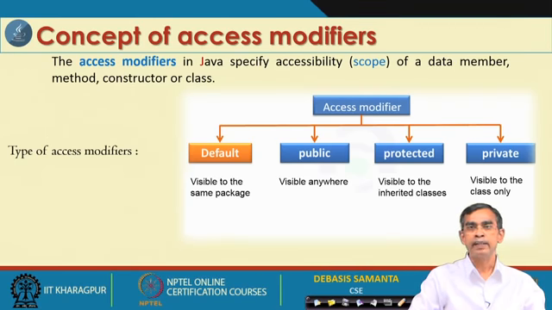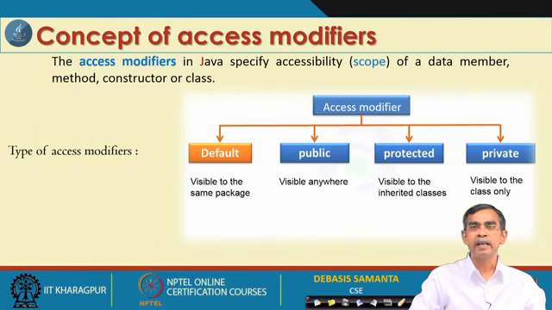So, if we fix an access modifier before a member, for example, before a field, a value, data or a method, then according to the access specifier that value or method will be accessed. If it is public, then it is visible anywhere.